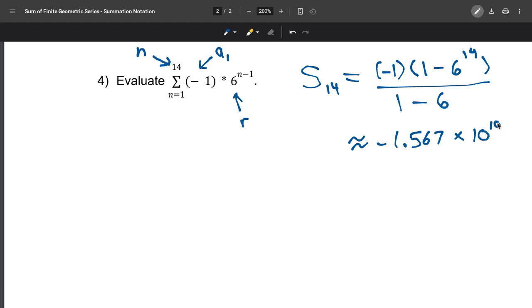So what does that mean? Well, that's scientific notation. That means we take the decimal place and move it 10 places to the right if we were going to write it in standard notation. So a pretty big negative number, which makes sense because we start with a first term of negative 1 and our common ratio is positive, so we're adding up negative numbers there.